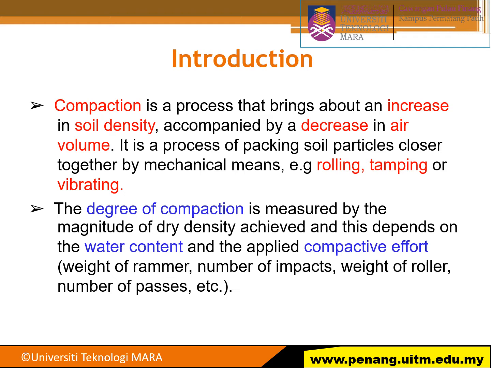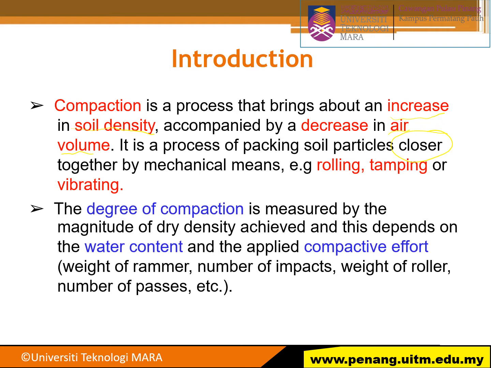Firstly, we go for the introduction. Compaction is a process that brings about an increase in soil density accompanied by a decrease in air volume or air content. It is a process of packing soil particles closer together by mechanical means, for example, rolling, tamping, or vibrating.